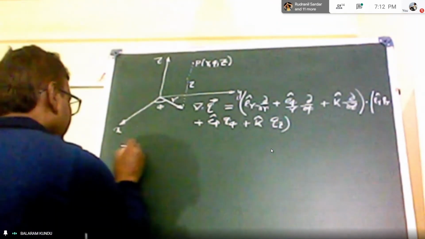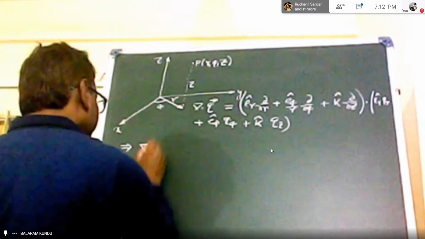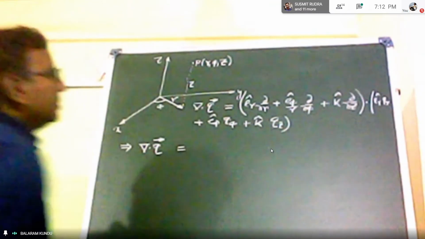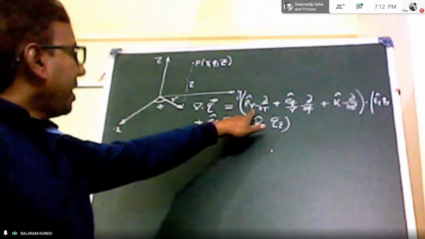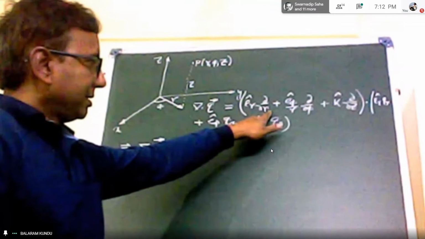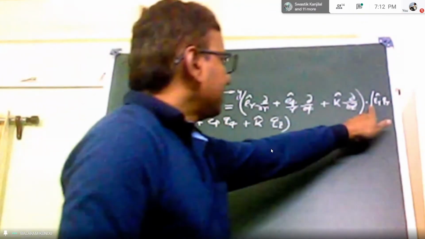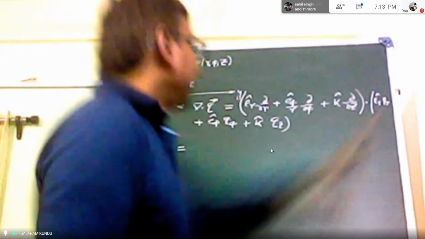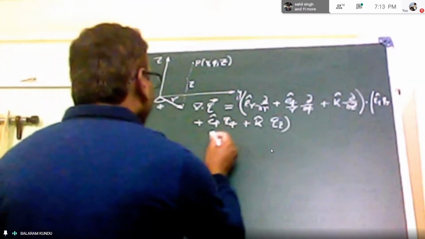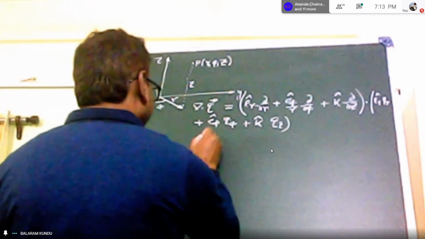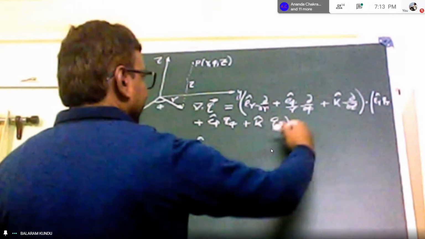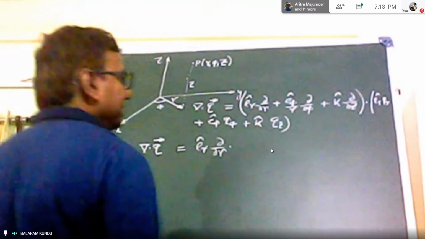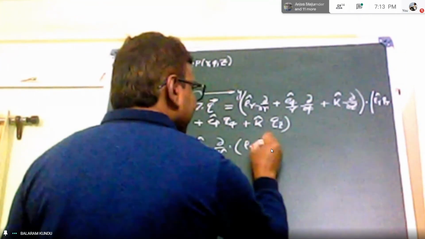So here you can write, say, grad dot q, that should be equal to e_r del by del r of this, dot e_r dr. So here it will be possible to write e_r del by del r into, say, e_r q_r, so that you can write these things faster for understanding.